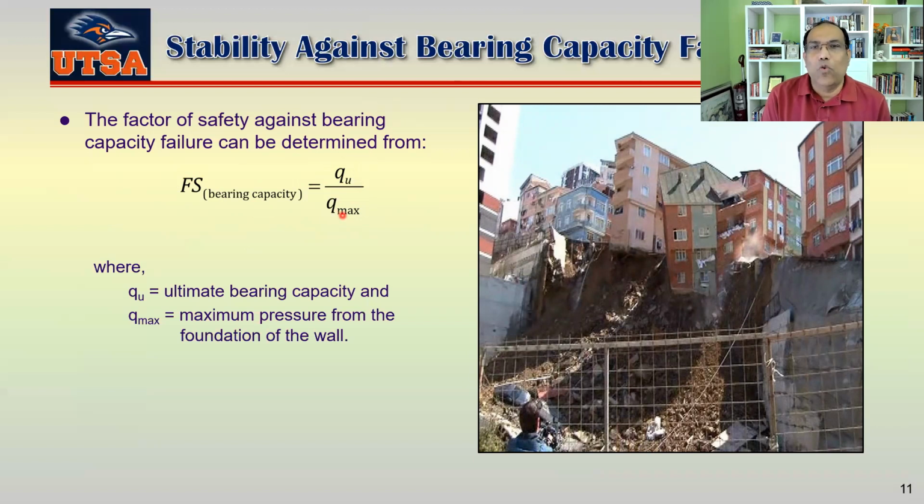Since the wall is long, we can consider that one as a strip footing, and you'll understand that your eccentricity would always be in one direction, in the B direction, basically. Now, we usually require a factor of safety of 3 against bearing capacity failure. Okay, now let's see how we can analyze that factor of safety against bearing capacity.